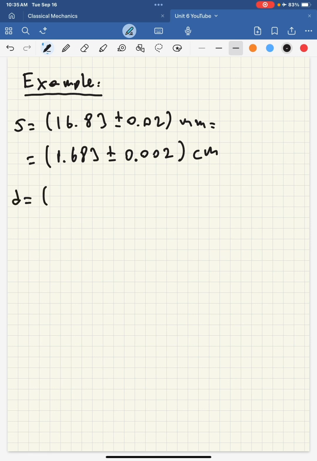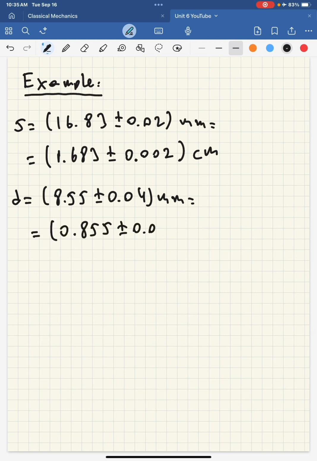Then you have D as 8.55 plus or minus 0.04 millimeters, which if I divide by 10 is 0.855 plus or minus 0.004 centimeters. All right. And then I have some quantity A written as the square root of 3 over 2 S squared.